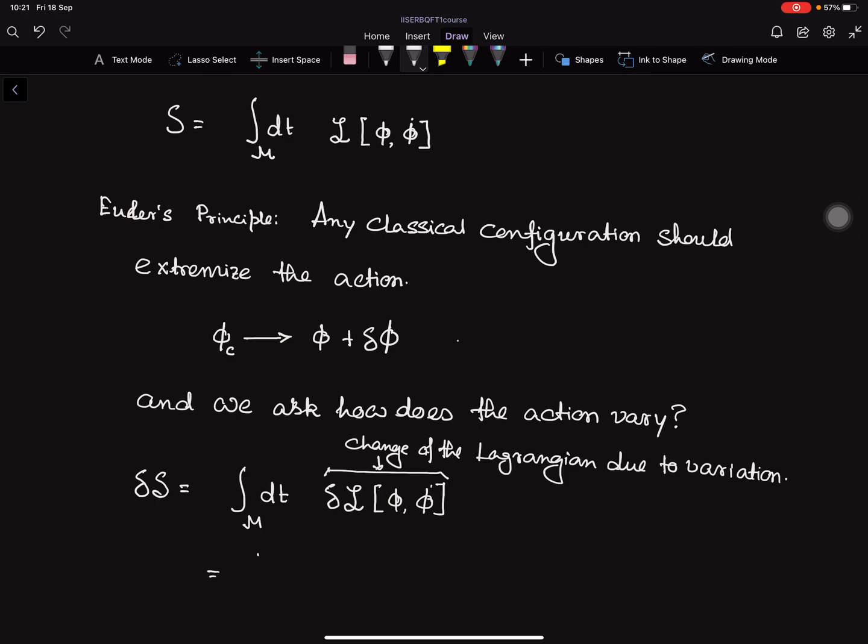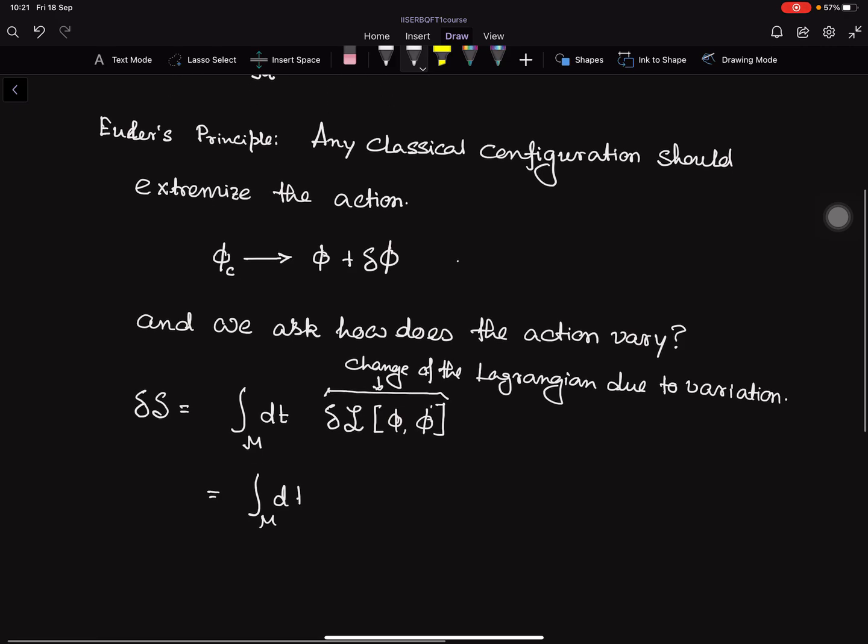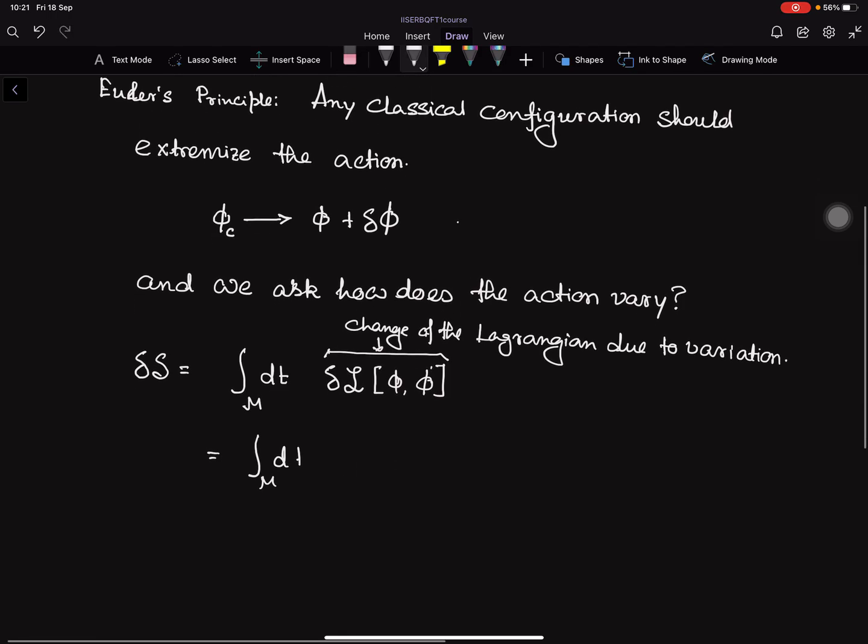So how do we do that? Let's say the Lagrangian is just a function of phi and phi dot. We take the functional derivative of the Lagrangian with respect to phi, and then we consider the variation of phi, which is delta phi.